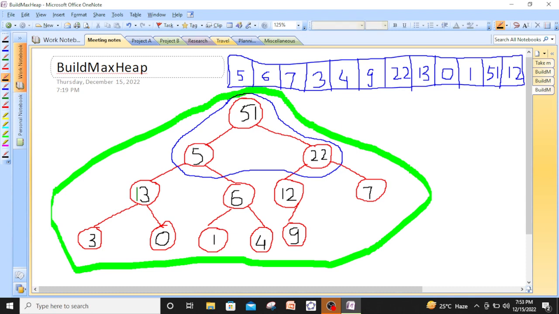Okay, now you observe that 5 and 51 both have been interchanged, but after that we have to observe the direction of interchange. I show you the direction. You see the direction of interchange.